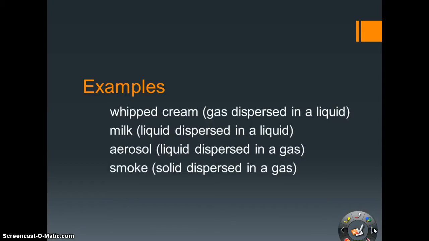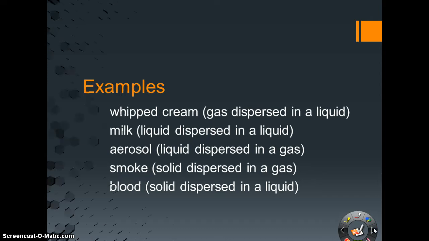Smoke is a solid dispersed in a gas; those solid particles come up off whatever is burning and are caught in the gases around the fire. Blood is a solid dispersed in a liquid, with proteins and cells inside the liquid. So those are some other examples of a colloid.